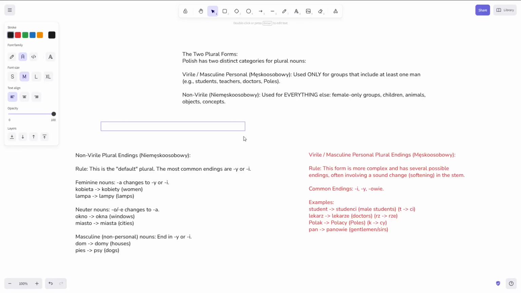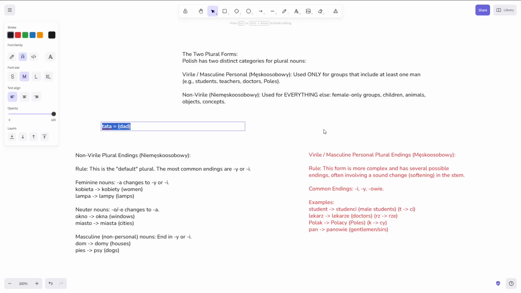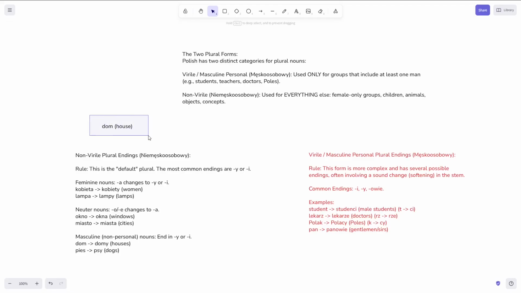Let's take the word dom, which means a house, right? So it is masculine.